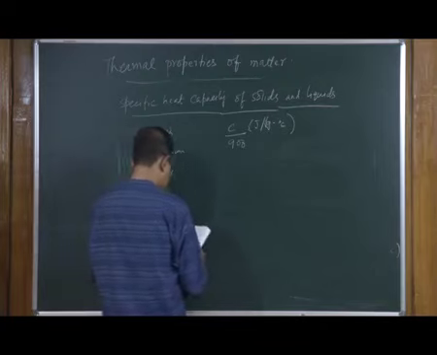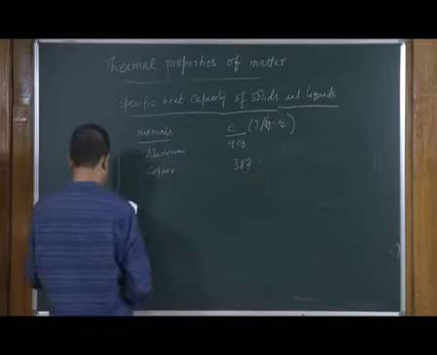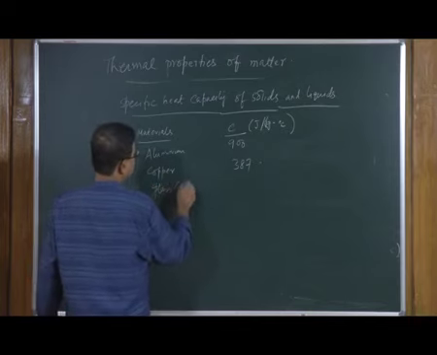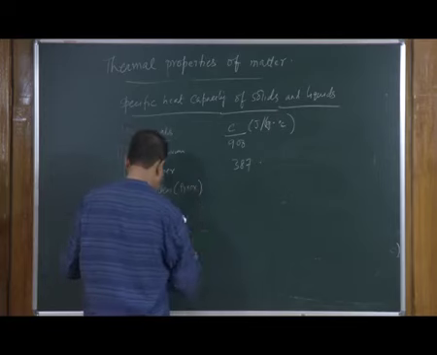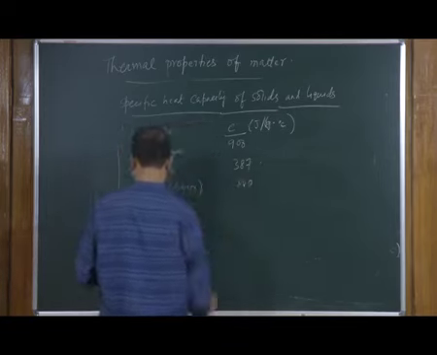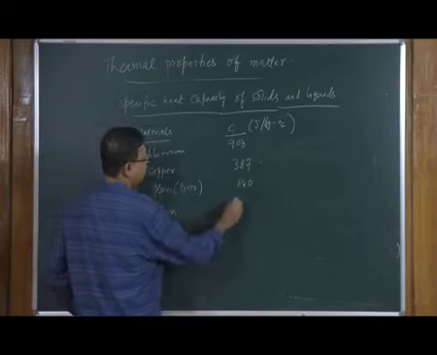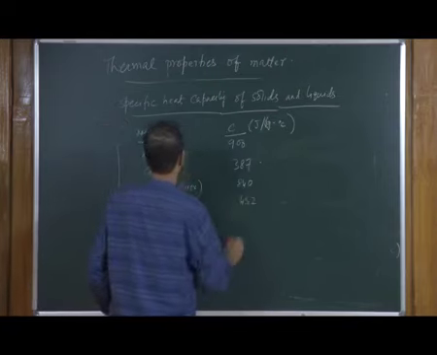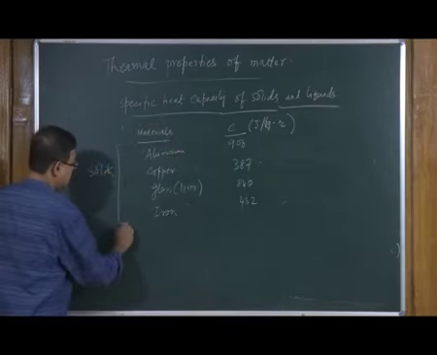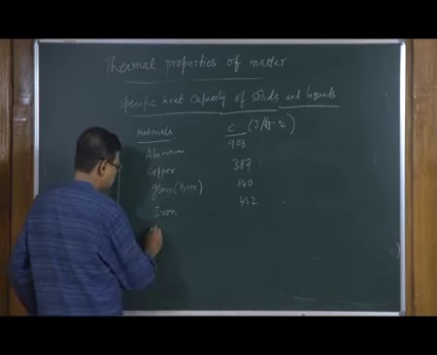Copper is 387, glass, again Pyrex glass, is 840, and iron is 452. So, these are for the solids.